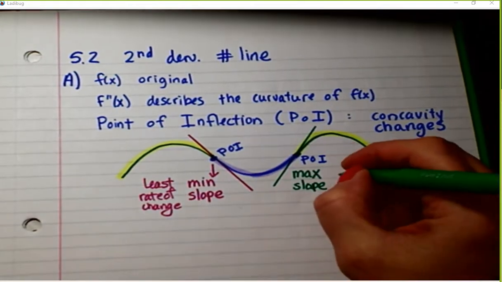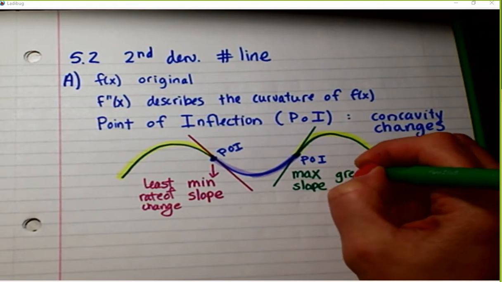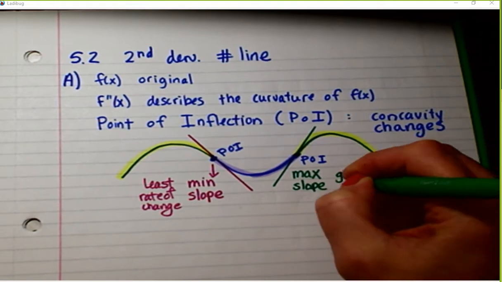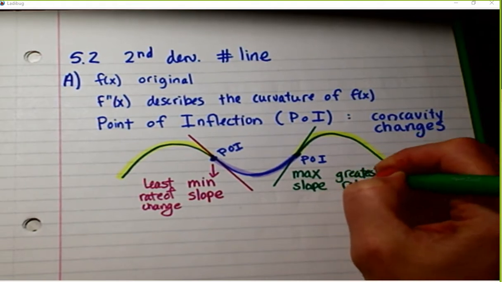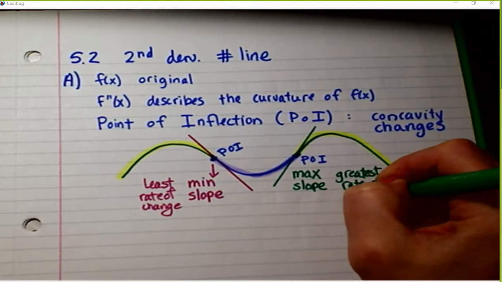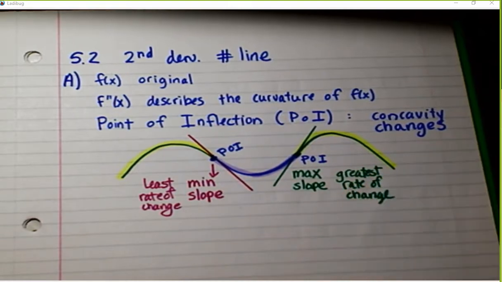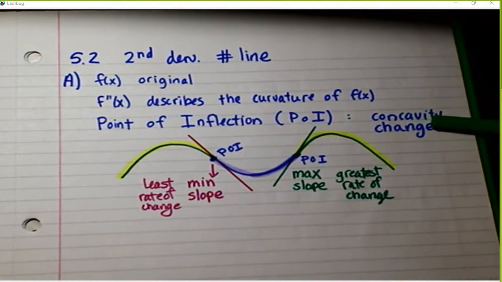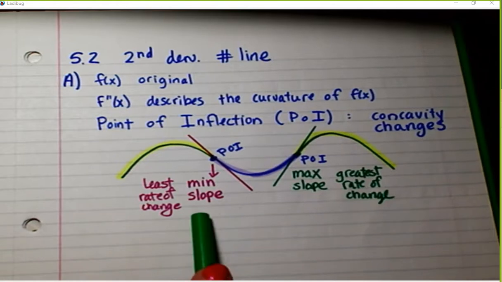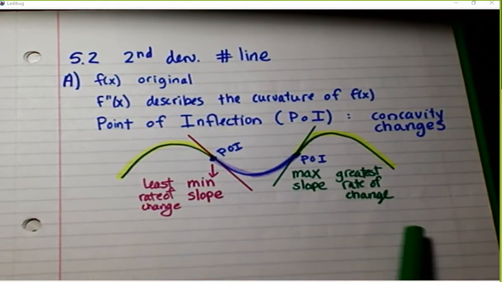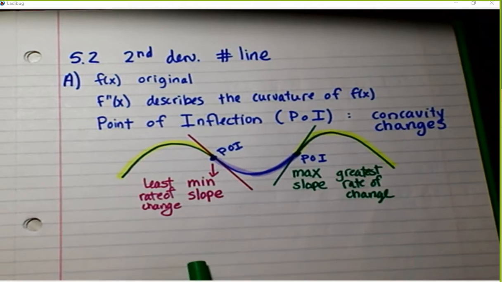Okay, so this is a greatest rate of change. So that point of inflection has two descriptions. One of them is just it changes concavity. The other one is talking about the biggest and the smallest slope.